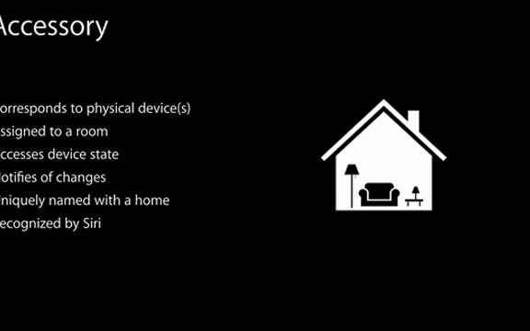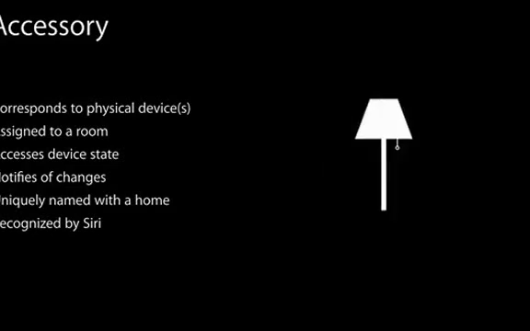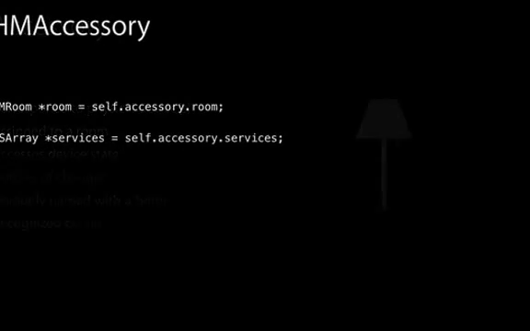Again, they have to be uniquely named within a home. And names of accessories also are recognized by Siri. An accessory is the whole object that the user is referring to. And I'll talk about how the details of that accessory are exposed and made available after this.